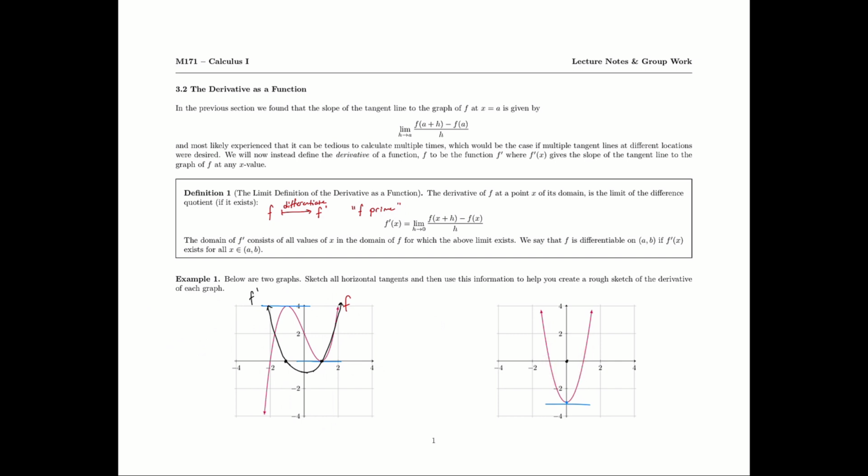Same tilt, but this is a negative slope, this has a positive slope. So maybe the slope here is negative 12, then this slope here would be positive 12. So because of the symmetry, we know that our derivative is going to be symmetric as well. So we know that's going to have that property.